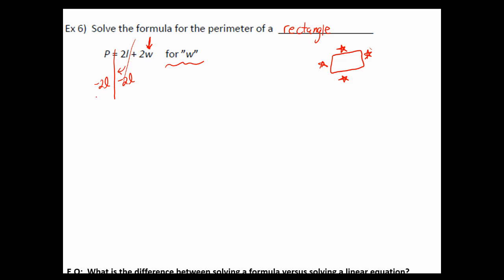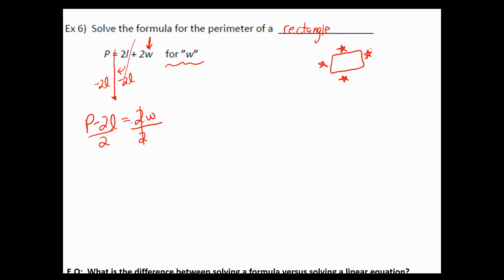And you just write it down, P minus 2L, and then the equal sign. Remember to bring down equals. 2 W's. So the perimeter minus 2 times the length is equal to 2 times the width. We need to get W alone. So remember, we're undoing that multiply, so divide both sides by 2.